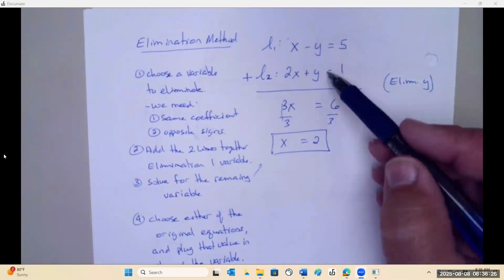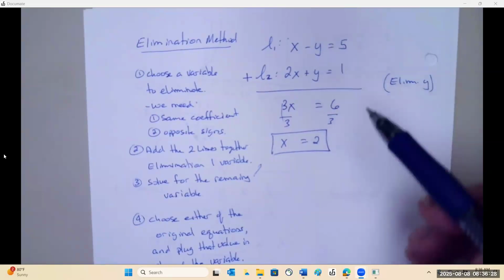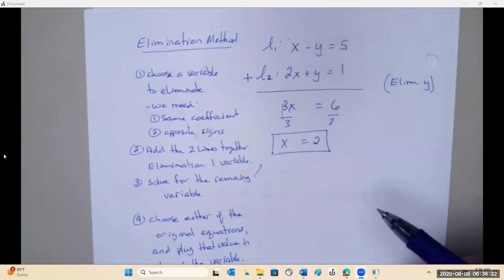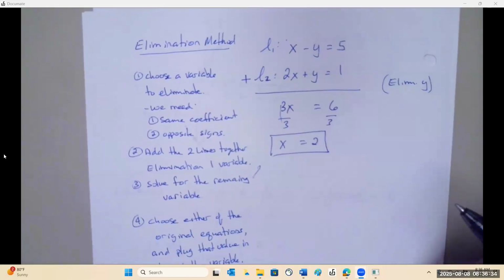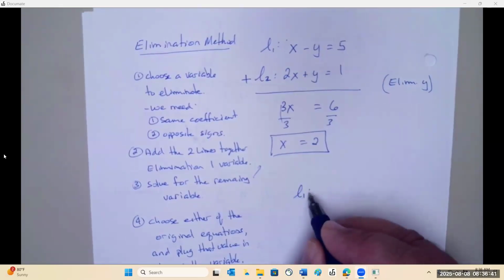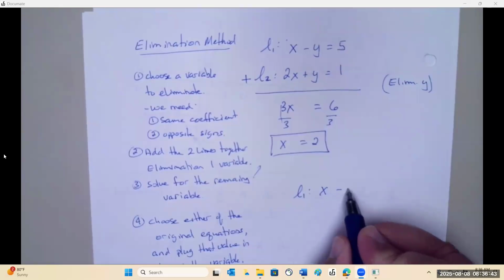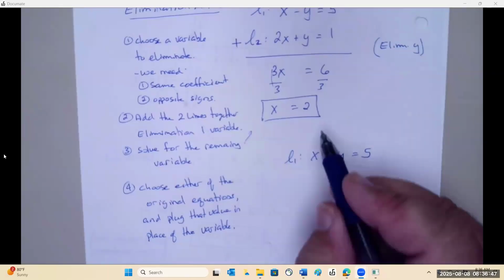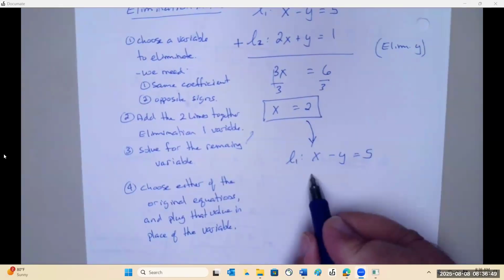So which one do you want to use? Line 1 or line 2? We're going to plug in x for 2. Always choose the easiest one. Line 1, yes. Line 1 is x minus y equals 5. We know that x is 2.